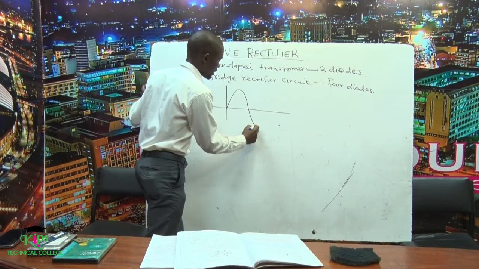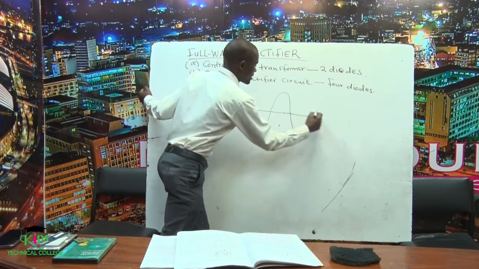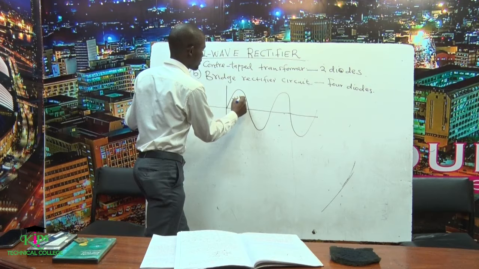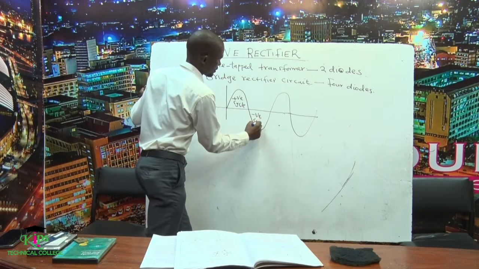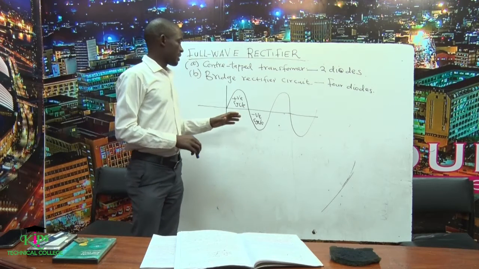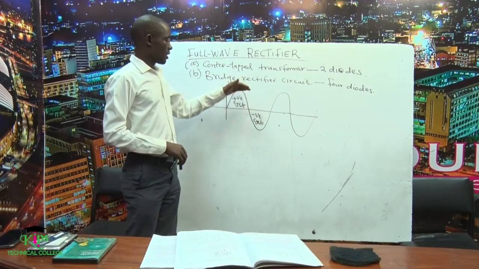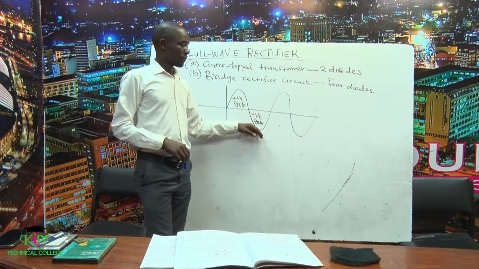It has the positive cycle, it has the negative cycle. So if you have such a circuit that is going to utilize both the positive cycle and the negative cycle, we shall call it a full wave.